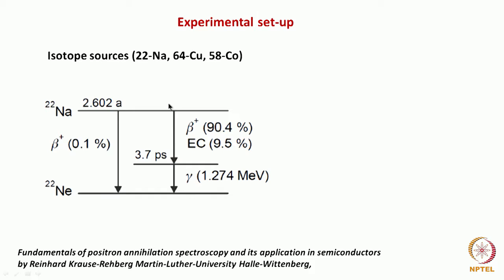This is the transition which is of interest, because we are able to find out simultaneously that a gamma ray is emitted. When the positron is emitted, that information is given by the simultaneous emission of the gamma ray. If you detect the gamma ray with this particular energy, we know that a positron has also been emitted.